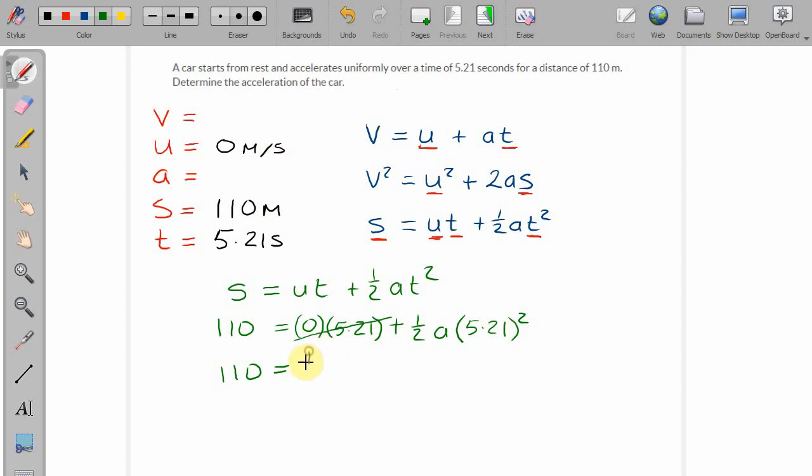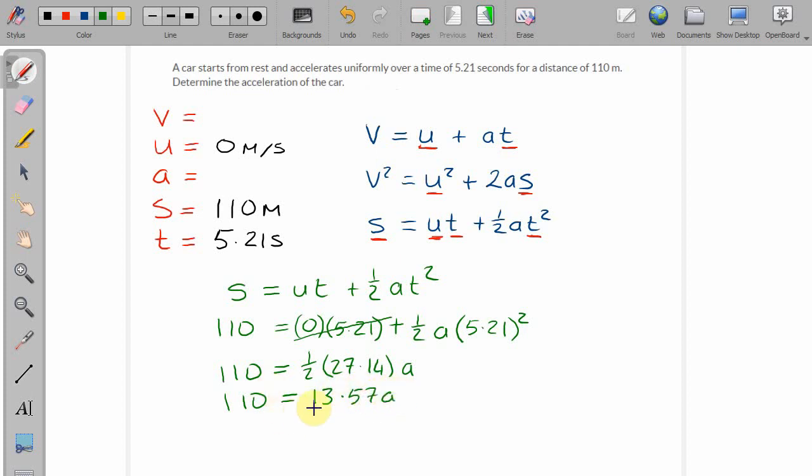So that's a half times 27.14 A. I'm doing this in steps so that you can see what's happening. 110 then is equal to a half of 27.14, which works out as 13.57 A.